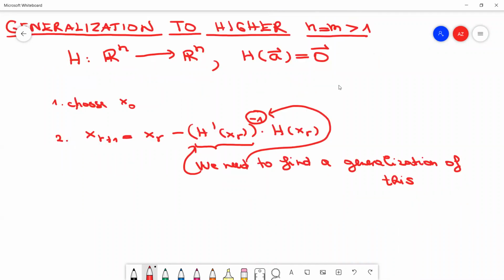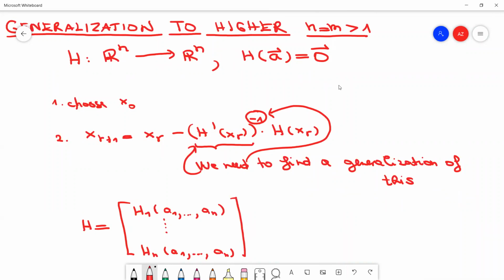If you remember, this h is now an n-tuple of functions. They all depend on n variables. And what we can do is differentiate each of these component functions with respect to any of the unknowns.